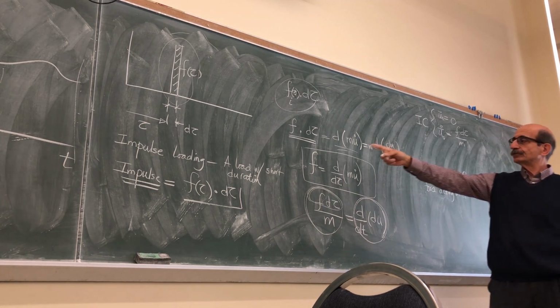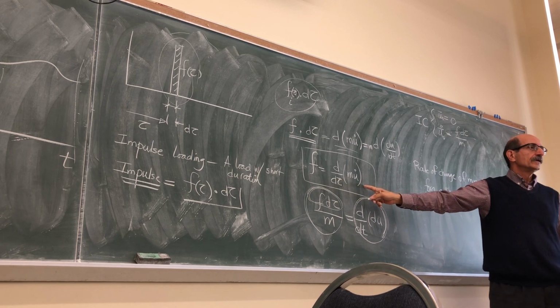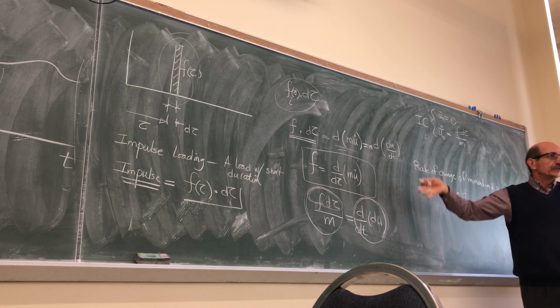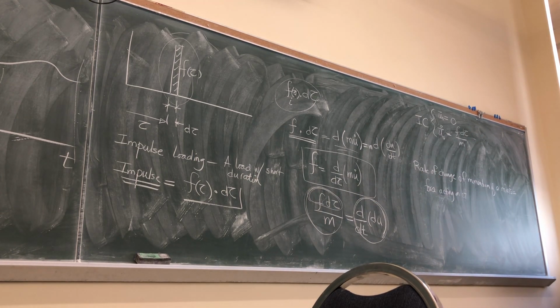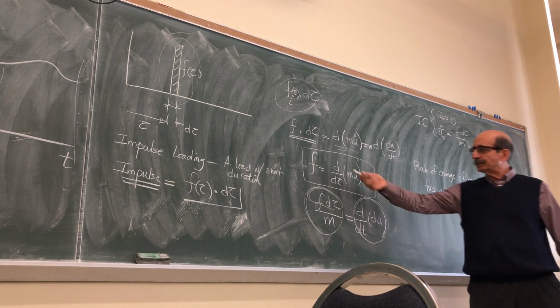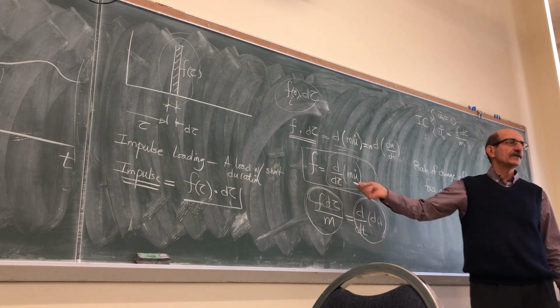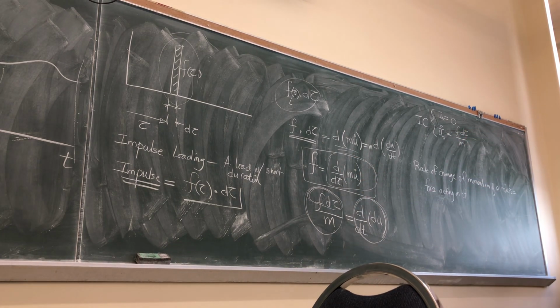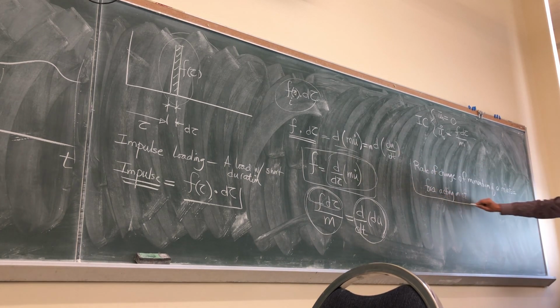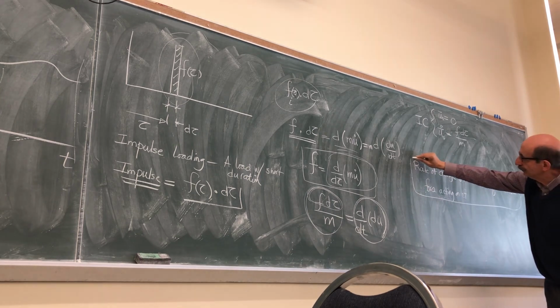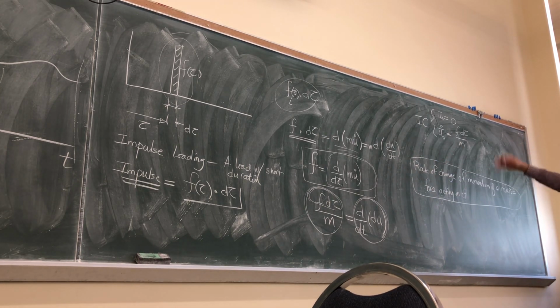Which is basically the same as F equals ma, but the most general form, because it considers the possibility that even the mass can be a time-dependent quantity. But we don't care about that.